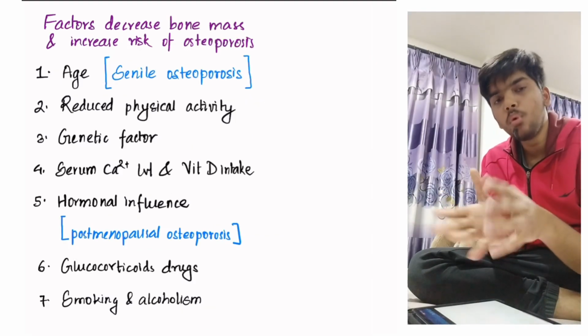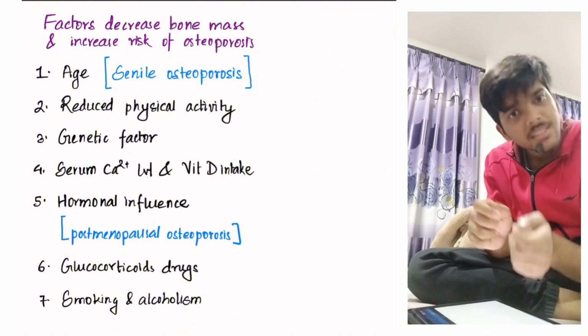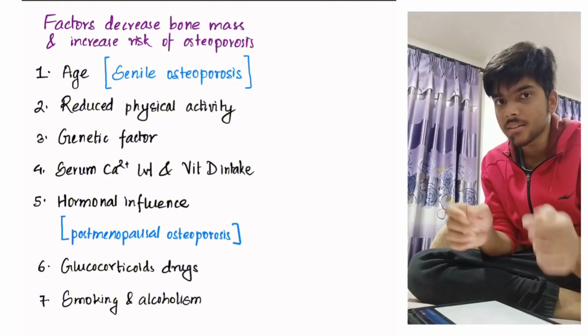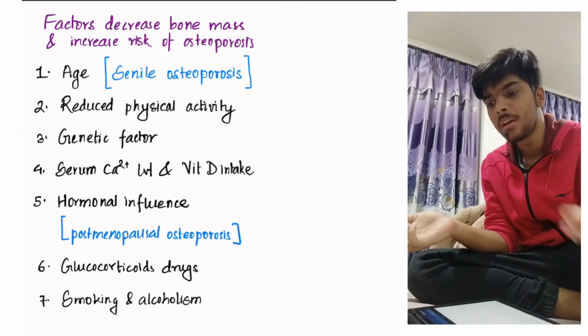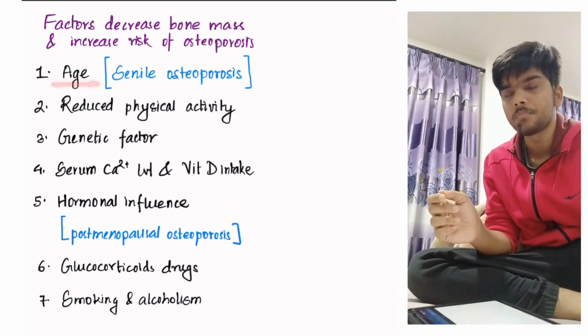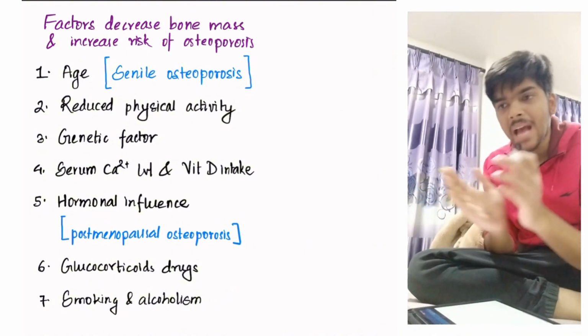A decrease in bone mass increases the risk of osteoporosis. So the factors that are responsible for decreasing bone mass are the same factors that are also responsible for increasing the risk of osteoporosis. And these factors are, number 1 is, once peak bone mass is achieved, as you grow older, you start losing bone mass by 0.7% per year.